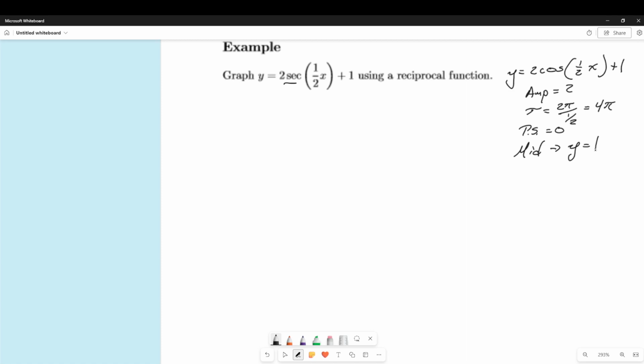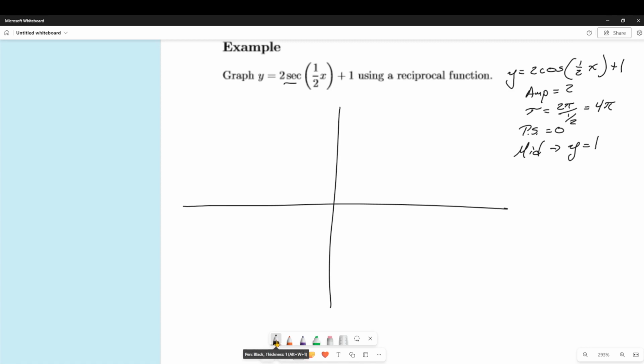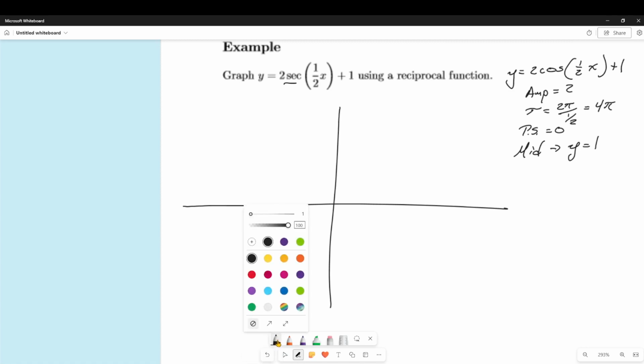So that's what we're going to graph, and then we're going to turn it into the secant that we actually want. And I'm actually going to make this a little bit of a light gray, so it looks like this isn't what we're actually graphing, it's just the model that we're using. But our midline is at 1.